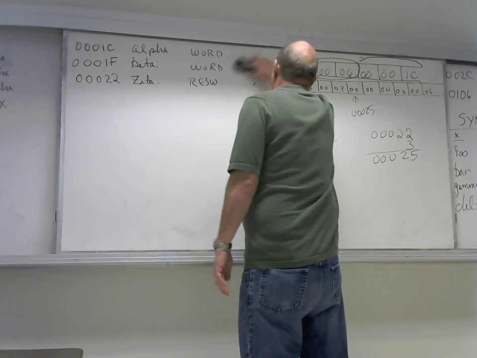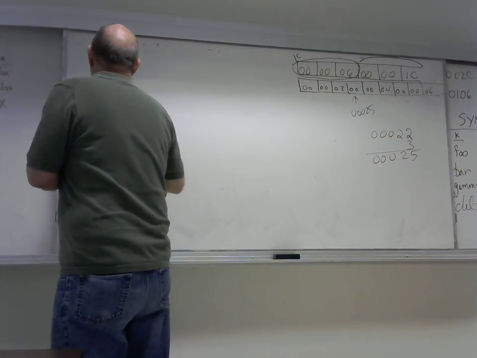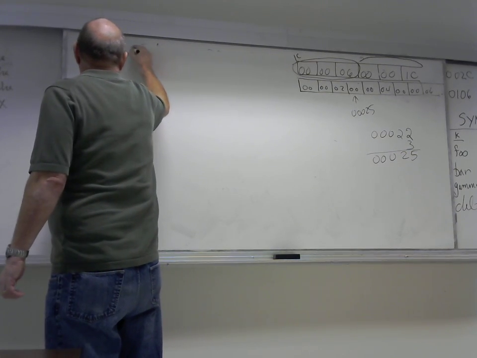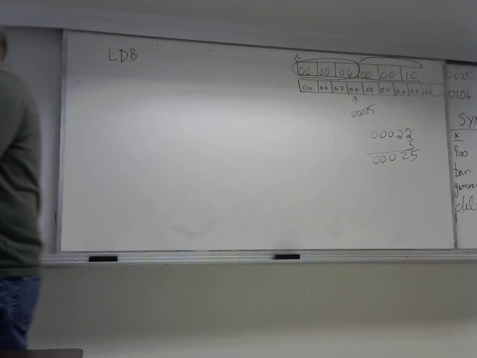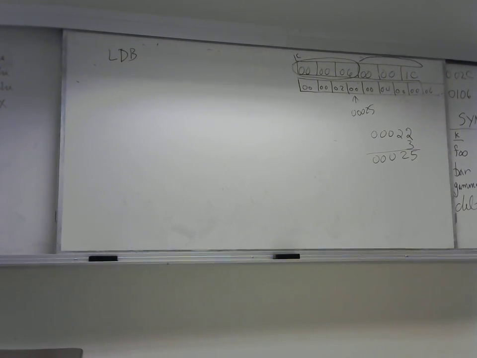This might be the one where we had to switch it to format 4 because we couldn't reach. So LDB. Let me see here. I imagine it was the first instruction, so it's right under the base. I don't know which handout you have. Do you know what the opcode for LDB is?